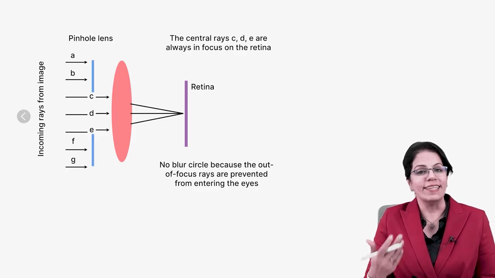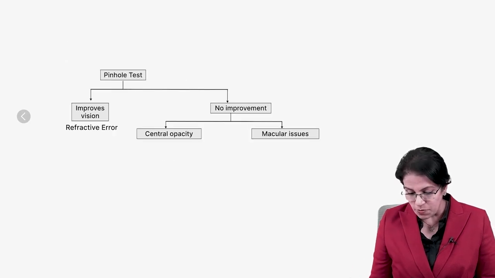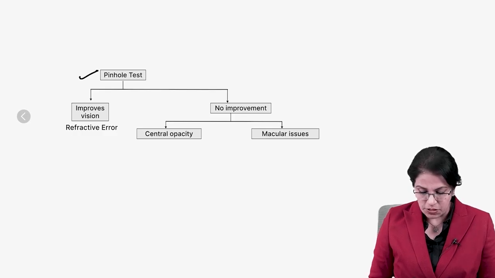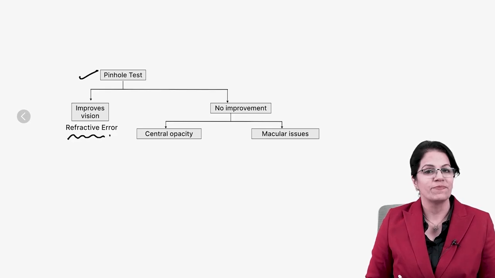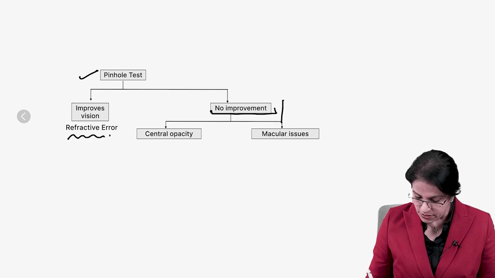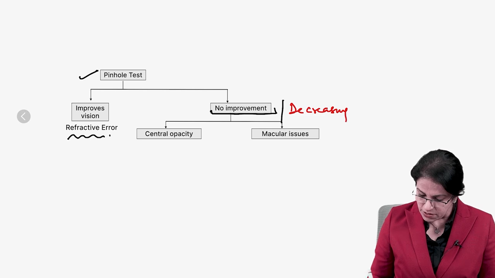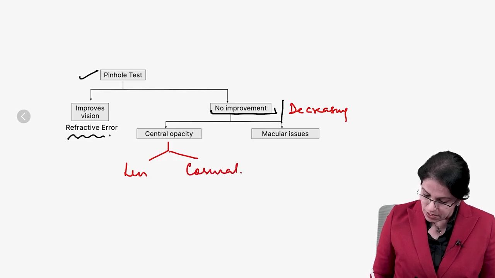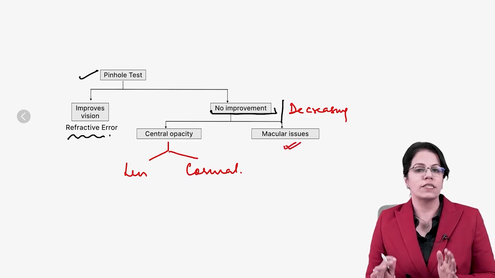There is some macular lesion, right? So we all should be very clear about what a pinhole test is. When putting the pinhole, if vision is improving, it is the refractive error. And if there is no improvement, rather there is deterioration, then either there is central opacity, which could be lenticular or corneal, or it could be just a macular disease. This is what a pinhole test is.